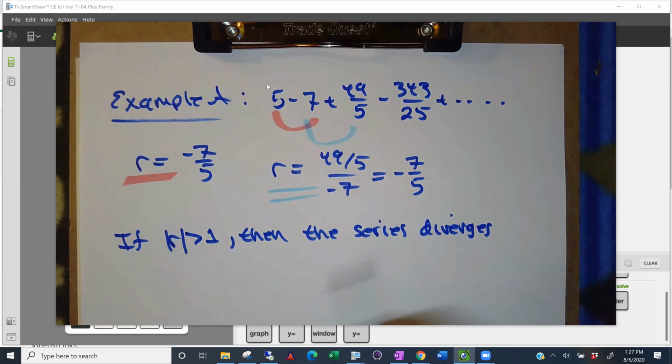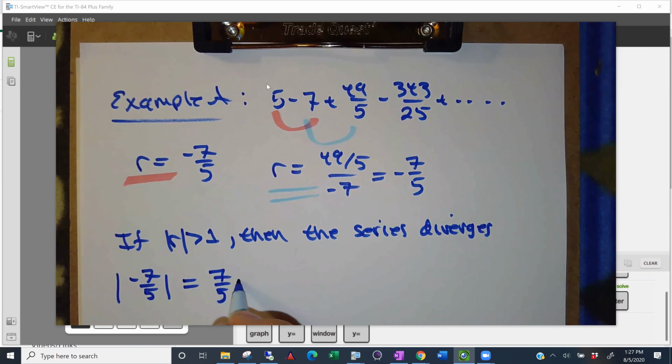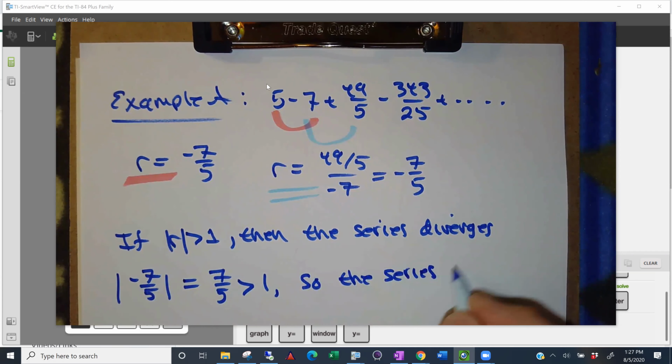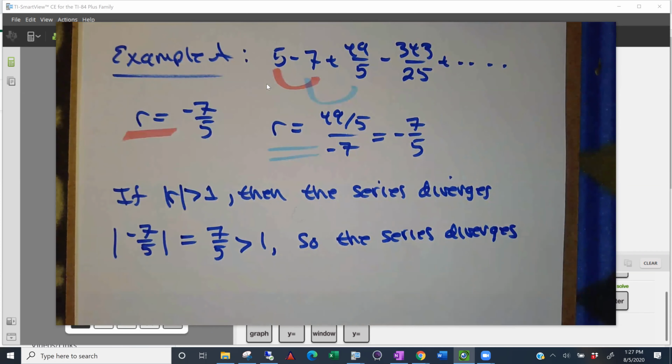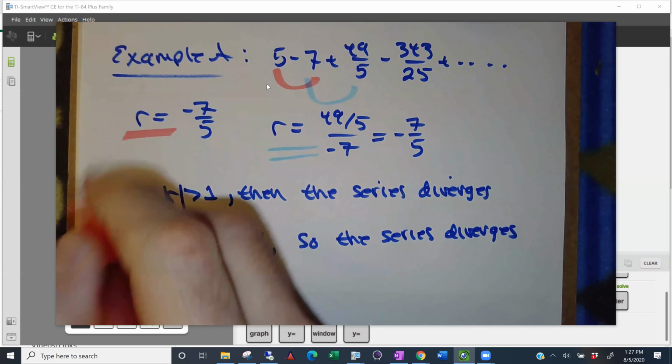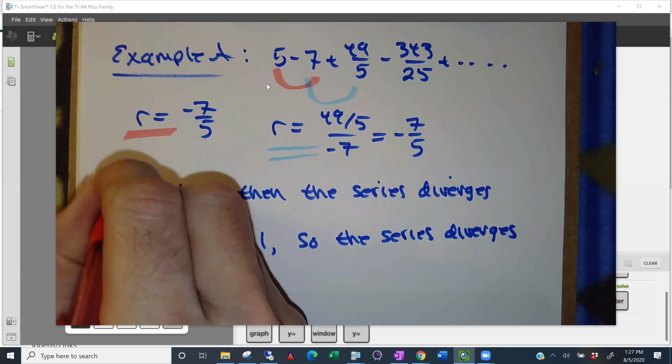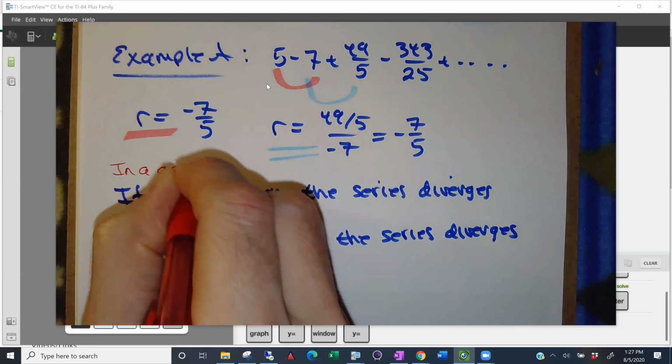Okay, it's not too much of a shocker here. The absolute value of -7/5 is 7/5, which is greater than 1. So the series diverges. Maybe I should section this off for geometric series.